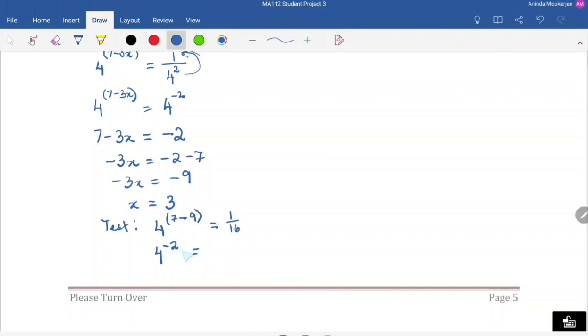Therefore, we can rewrite this as 1 divided by 4 squared, which is equal to 1 divided by 16. So both sides are equal. Therefore, x equals 3 is indeed the correct answer.